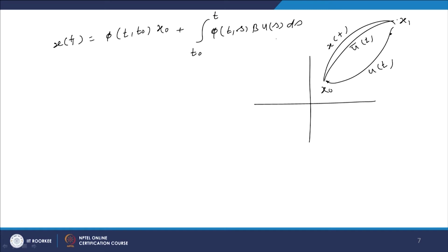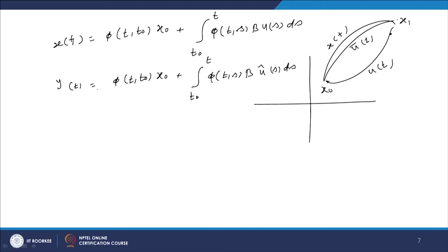So, u s is taking the system like this, and the other system is taking the other control. Here u is one control, so the solution will be x of t, and u bar is the other control, so the expression will be different.